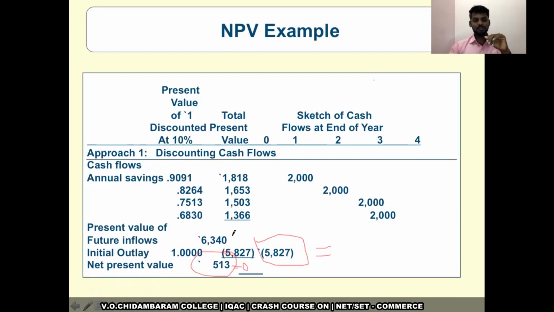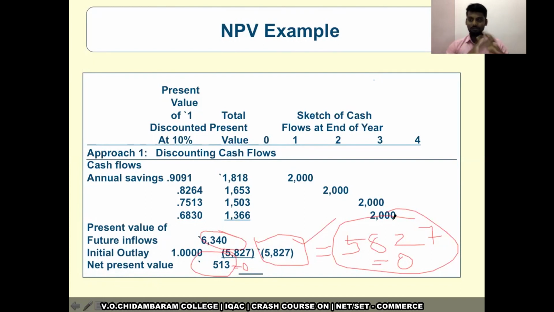Here the future cash flows are 6,300, but it would be equivalent, which means 5,827. So NPV will be equivalent to 0. It means that the future cash flow that I'm going to get will be equivalent to the initial investment, which means I am not suffering any loss. That is what it means.